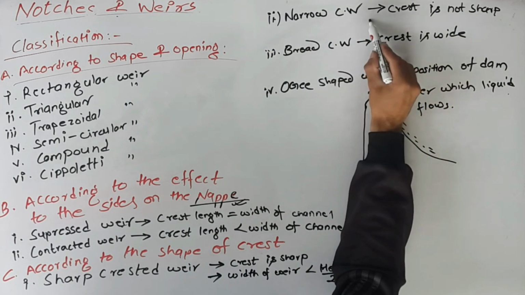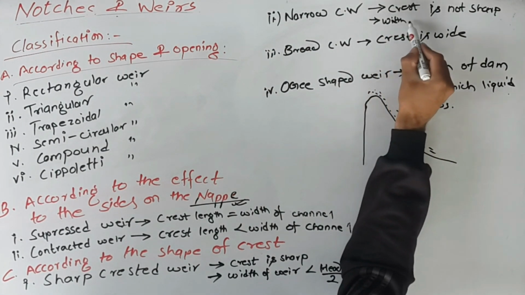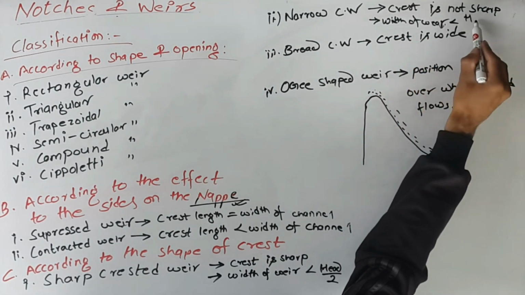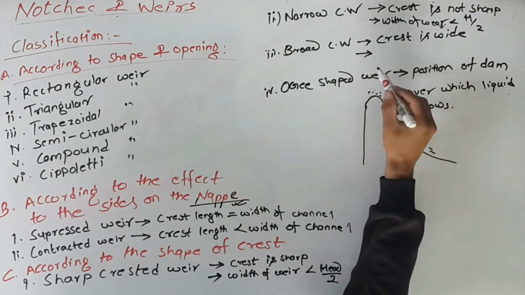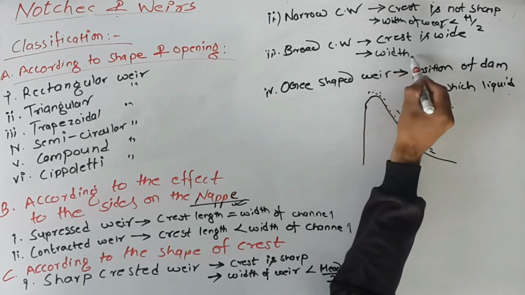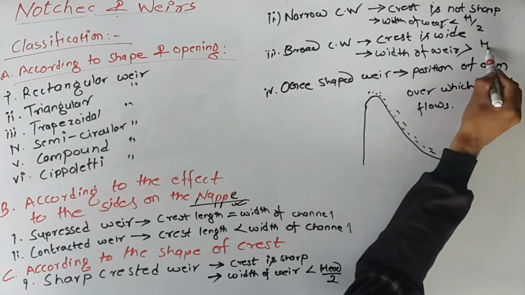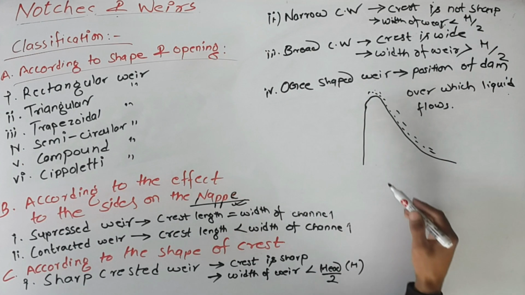And this narrow crested weir, width of the weir is less than head h upon 2, and broad crested weir, width of weir is greater than head upon 2. Head is h. We know width of the weir and we know head.